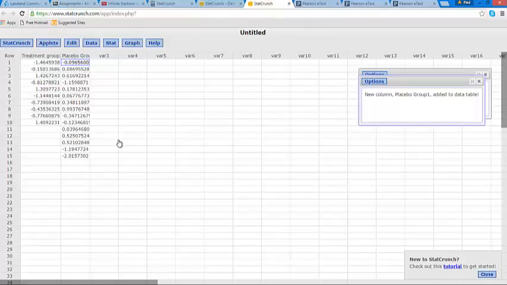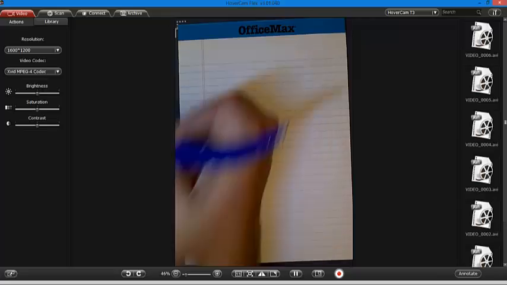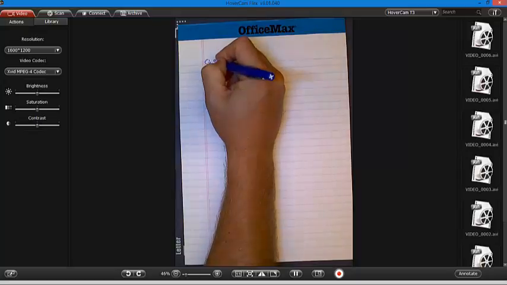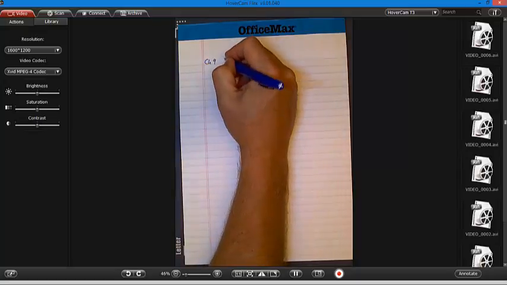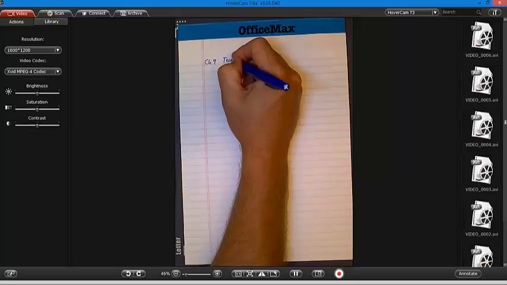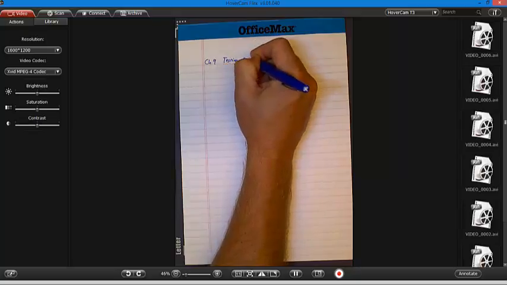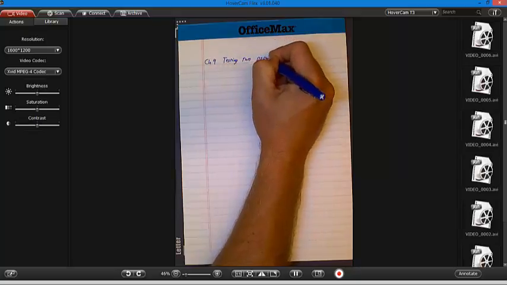And so I want to talk a little bit about what it is we're doing here. So let me go to the paper. In Chapter 9, remember the idea was we are testing 2 populations.